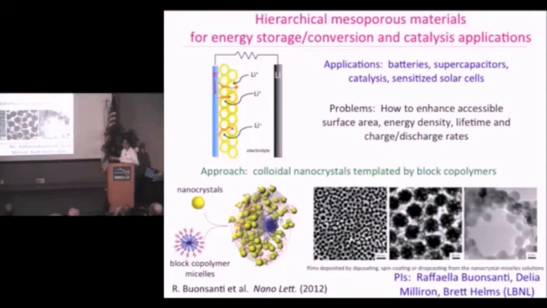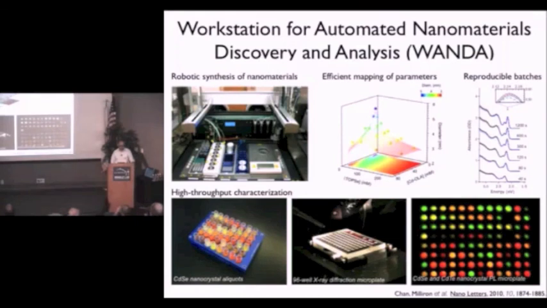In this case, assemble them into very large assemblages of porous materials where the building units now are nanocrystals. Here, this is showing the pores, and here you can see, I'm not sure if you can see the nice electron diffraction for each of the nanocrystals.